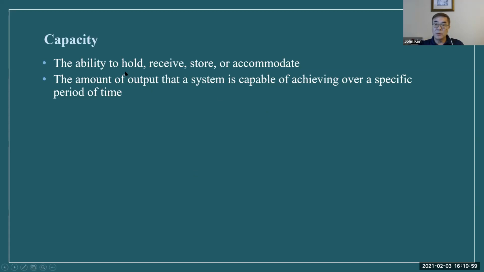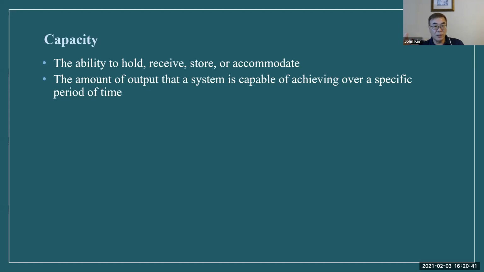So hold up to 12, 13 students, and then receive. If a company receives a part from a supplier, then how many parts or components can it receive from a supplier? And this time, hospitals and pharmacies received COVID-19 vaccine, like the Moderna vaccine.